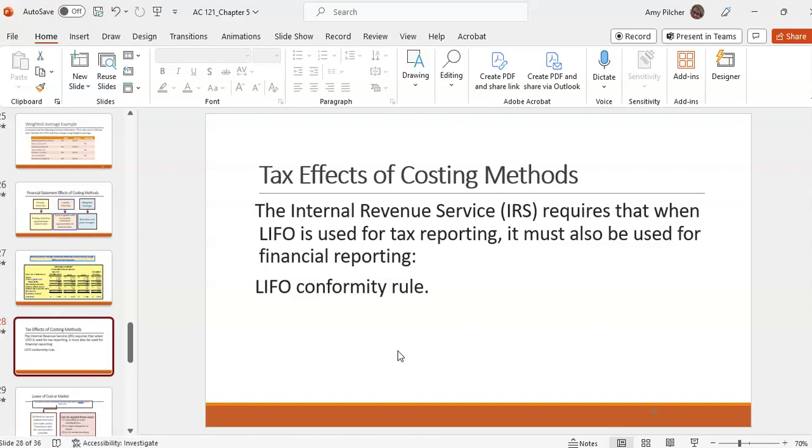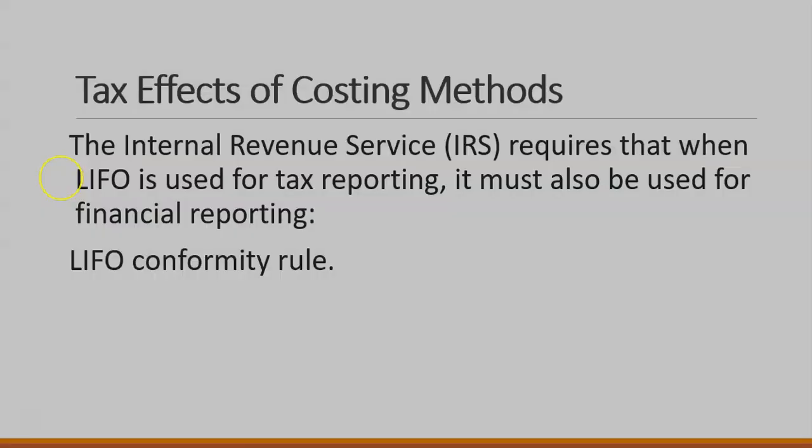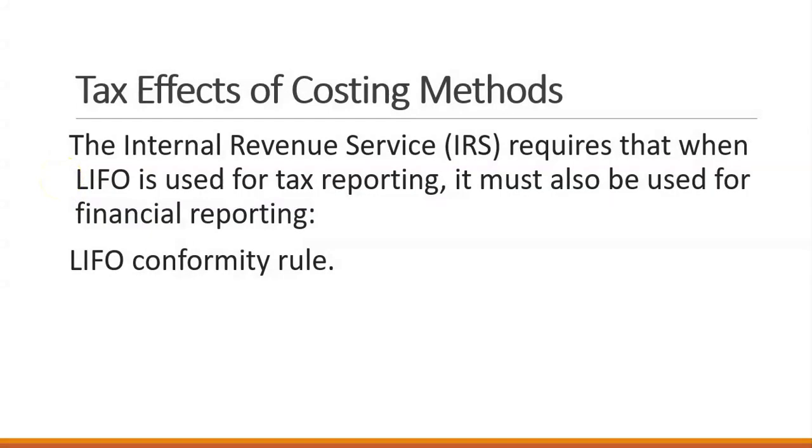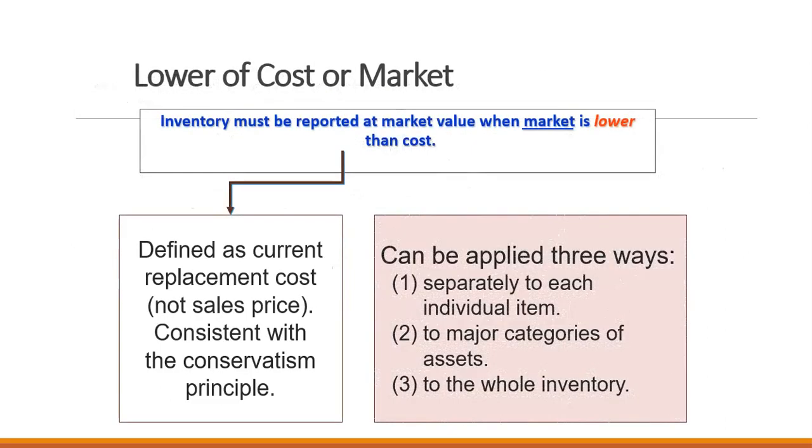They have to use it for both if they're going to use it at all. As I said, because IFRS does not allow for LIFO to be used, very few newer companies use this method. Okay. Actually, I am going to move this to another video.